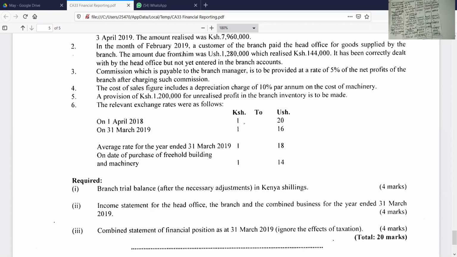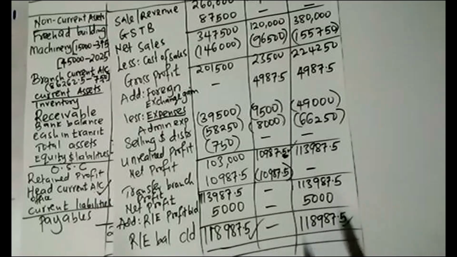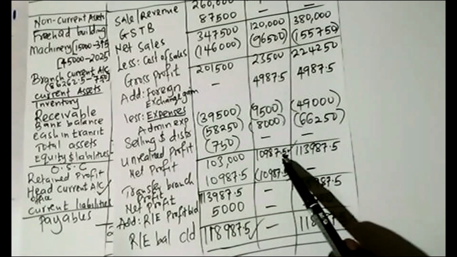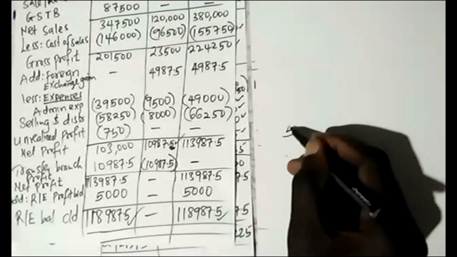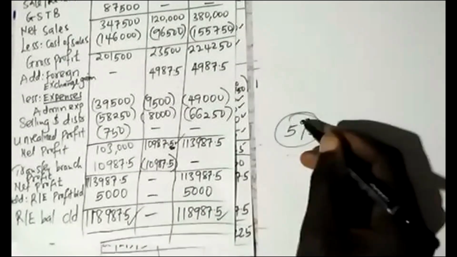So you will say 5 divided by 105. The net profit you will get after computation, for example, here, was 10,987.5. So I will say this one is 5%.